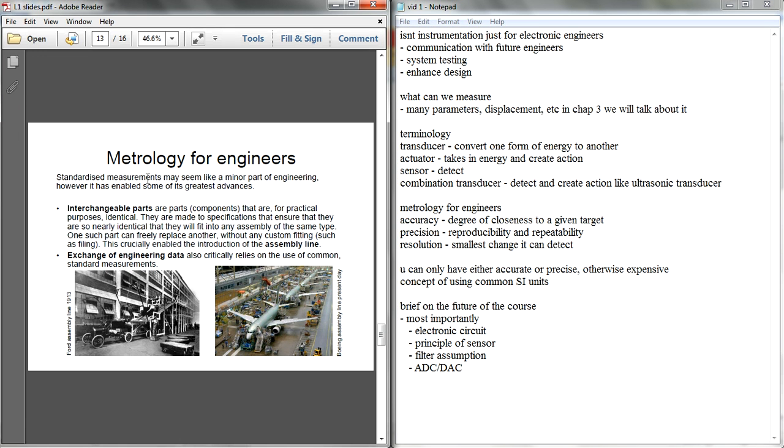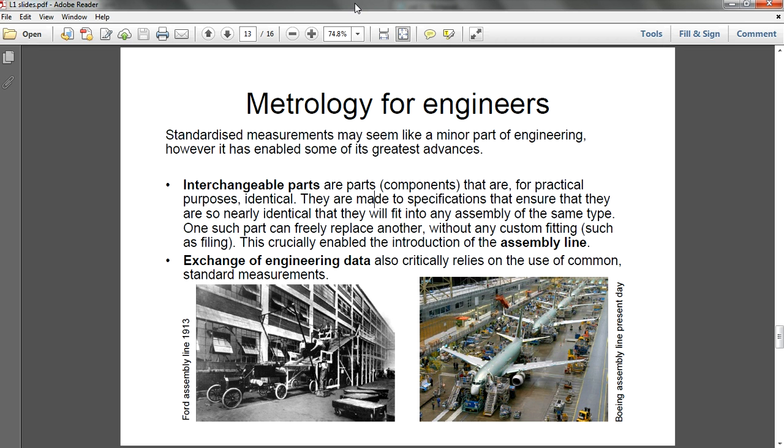Okay, metrology for engineers. What is the purpose of this? The purpose of metrology is to ensure interchangeable parts, because without meters or centimeters you cannot even know the dimensions.